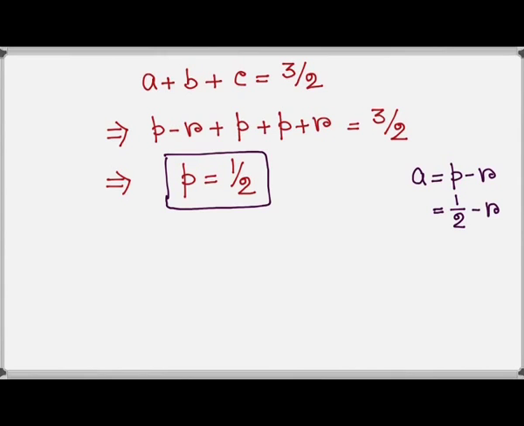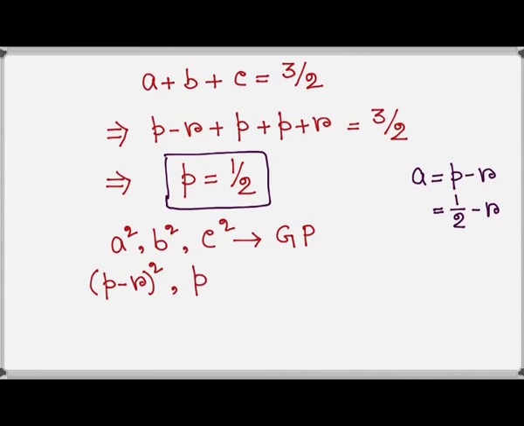In the question we are given that A square, B square and C square are in a geometric progression. So we have P minus R whole square, P square and P plus R whole square are in geometric progression.